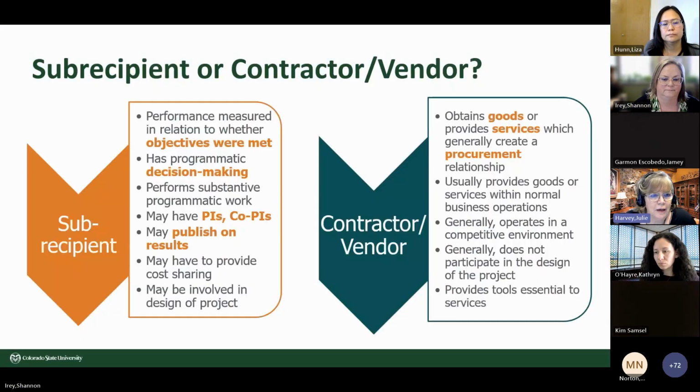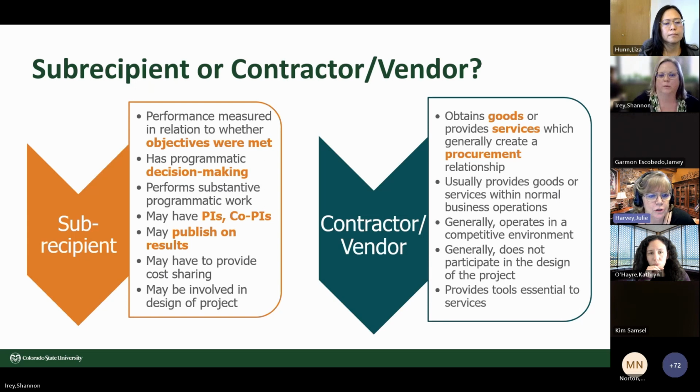Subrecipients. Here are some handy dandy points to consider whether or not it's a subrecipient or a contractor or vendor. A lot of times we have to rely on the PI to tell us if it's a subrecipient or a contractor. But the big thing with subrecipients is that the subrecipient has a big role in the decision making for the whole project. They have PIs or co-PIs.